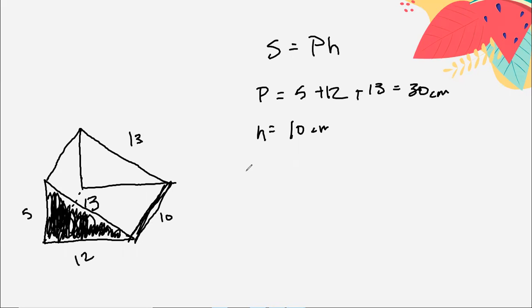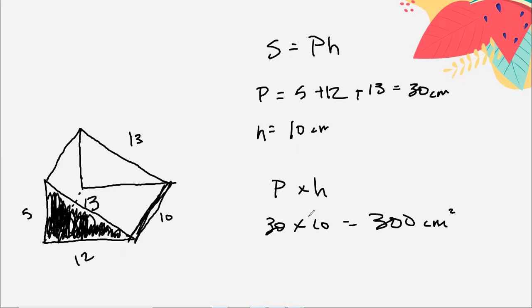No. We've got to plug those numbers into the formula. There you go. We plug those back into the formula, which is P times H. So that would be 30 times 10 equals 300. And that's centimeters what? Squared. Good.